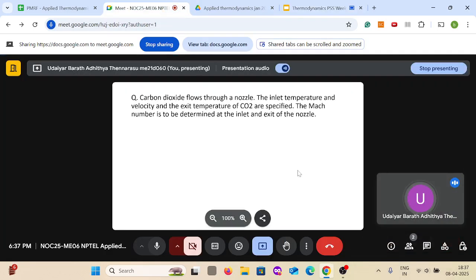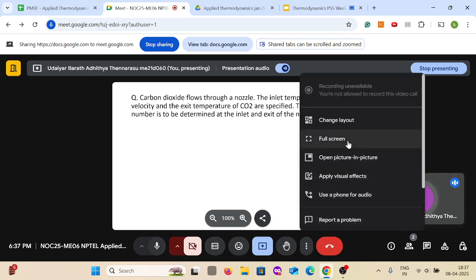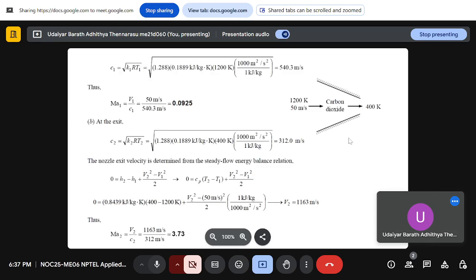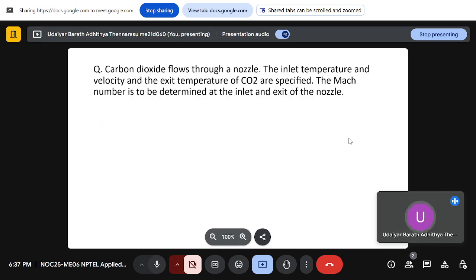So next question is, carbon dioxide flows through a nozzle. The inlet temperature and velocity and the exit temperature of CO2 are specified. The Mach number is to be determined at the inlet and exit of the nozzle.